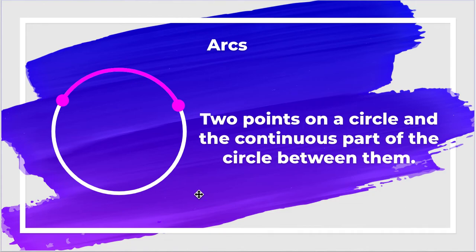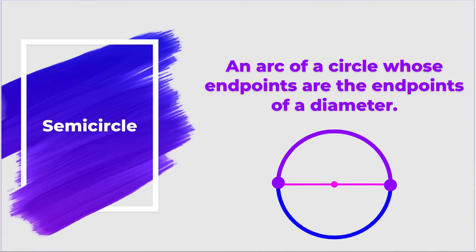So now we have three specific types of arcs. The first one is called a semicircle. It's the purple portion I have right here. A semicircle is an arc of a circle, so we have this arc right here, whose endpoints are the endpoints of a diameter. So you'll see that pink diameter we have there, and you'll see those purple dots are on either end of the diameter, and then we're indicating that this arc is all of the portion of the circle between those two dots on either side of the diameter.